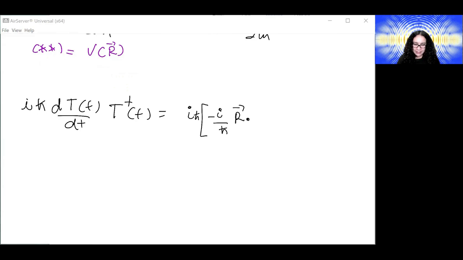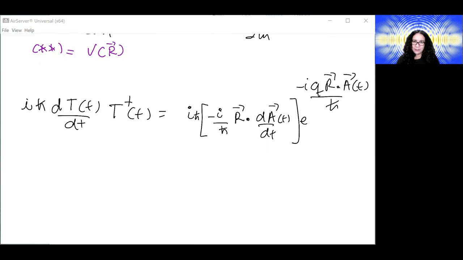R dA dt, e to the I over H bar Q R, sorry, the H bar is below, Q R scalar product A(t) divided by H bar multiplied by e to the plus I divided by H bar Q R scalar product A(t).